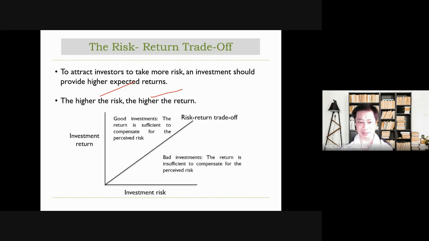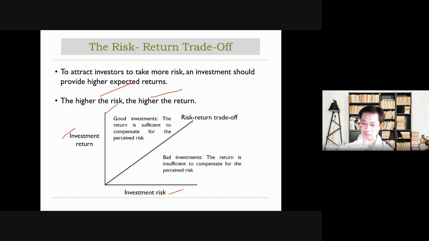No? Kaya nga lang, the general conception is that if you are to invest in a risky investment, then that risk should be compensated by an additional return. No? Kaya kung mataas yung risk, halimbawa ito yung investment risk natin, nandito yung investment return. So as the risk increases, dapat yung return natin tumataas.